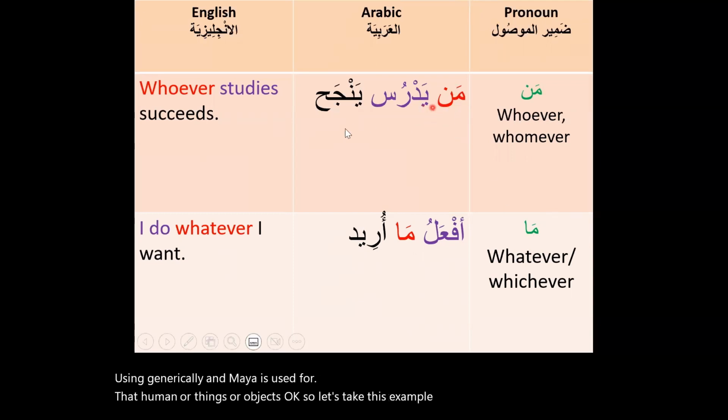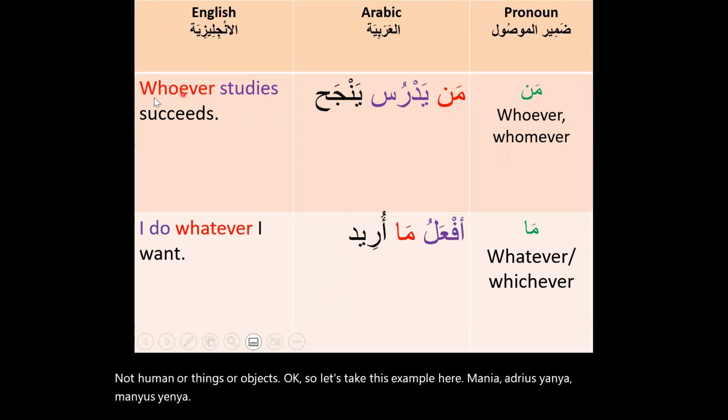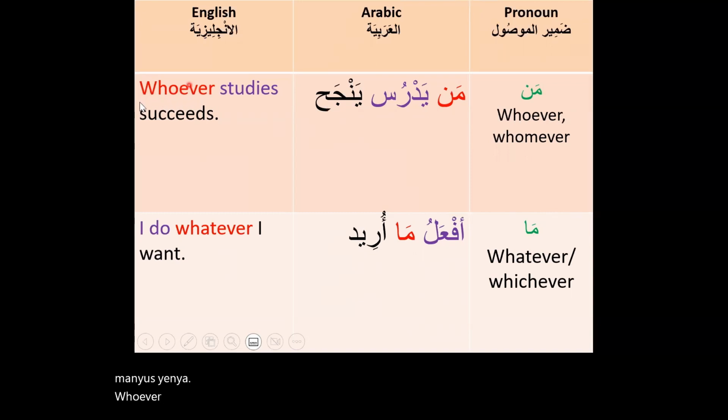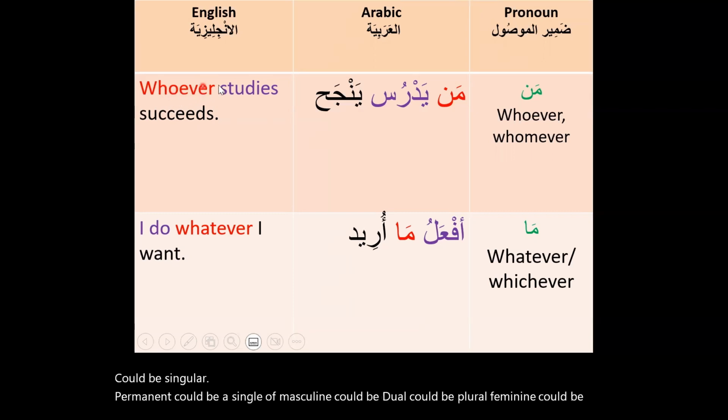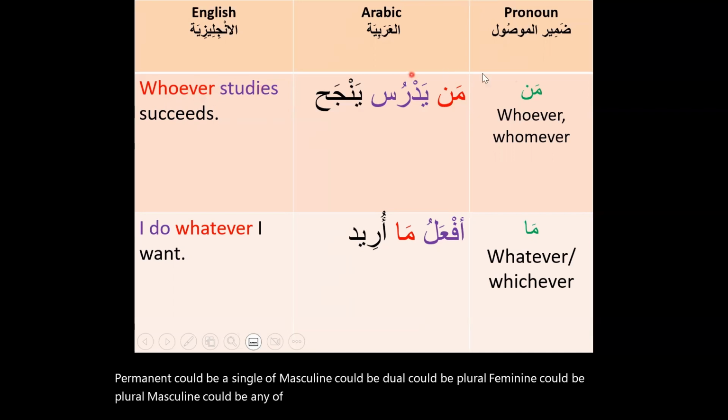Okay, so let's take this example here. من يدرس ينجح. Whoever, see, it's whoever. It's not specific, it's very generic. Could be singular feminine, singular masculine, dual, plural feminine, plural masculine, could be any of these. Very generic. Man yadrus yanjah.